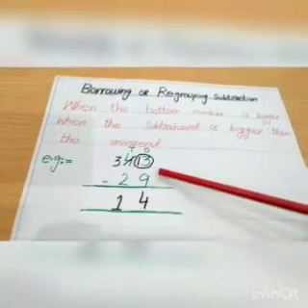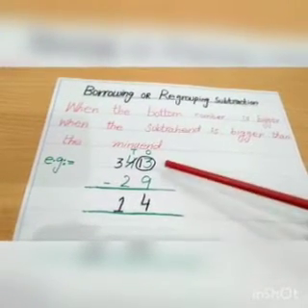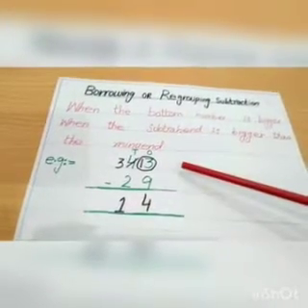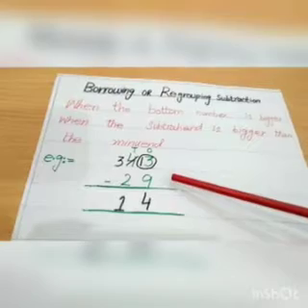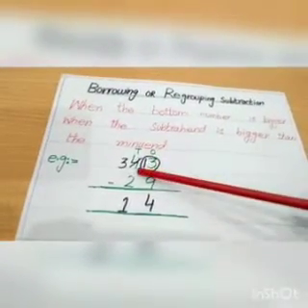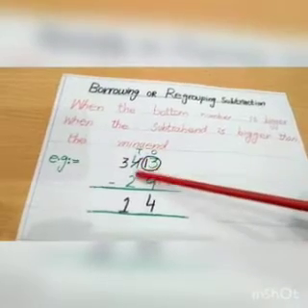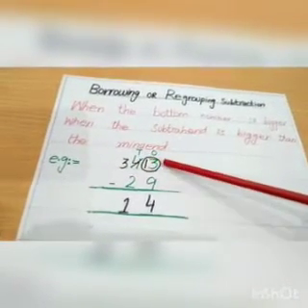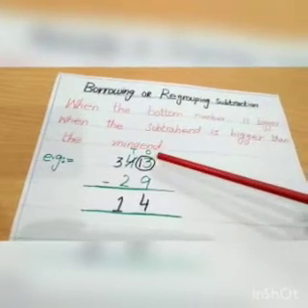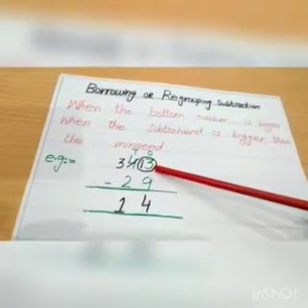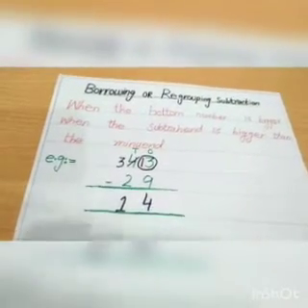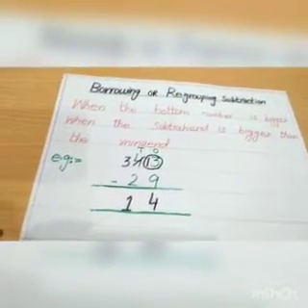You know that 9 is the subtrahend and 3 is the minuend. In the ones place, 3 minus 9, no, you can't subtract. We need to borrow from 4. Give me one of your tens so I can be 13. Now you can take 9 away. 13 minus 9 equals 4.